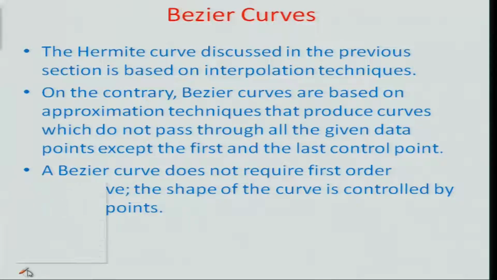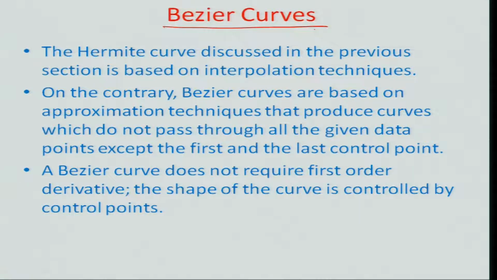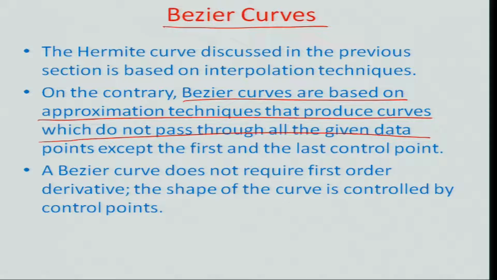So the answer to that is this new curve fit, which is known as the Bezier curve fit. Bezier curves are based on approximation techniques that produce curves which do not pass through all the given data points except the first and the last control point, although there is a contribution from the various other data points to the overall curvature of the curve.